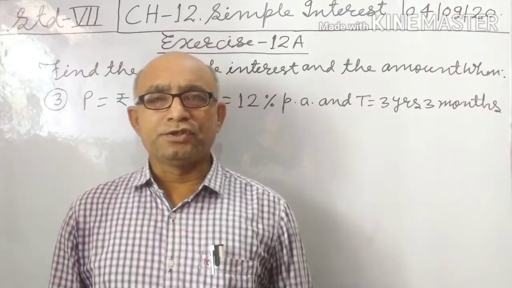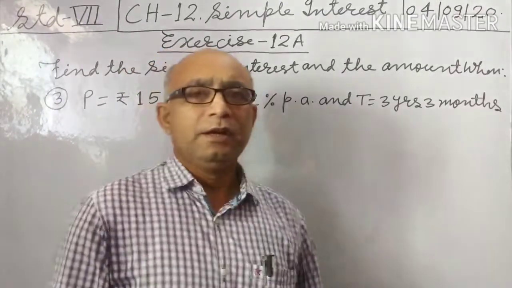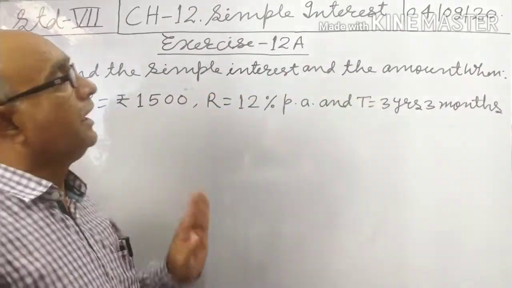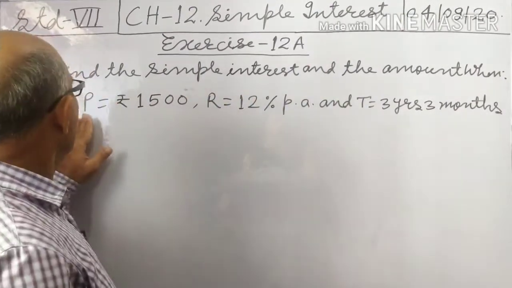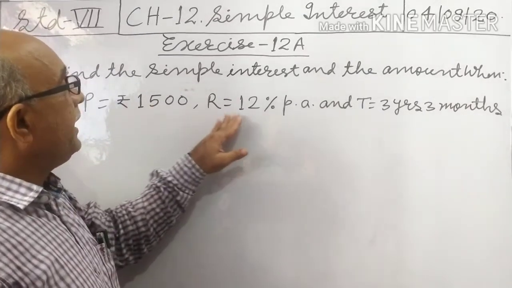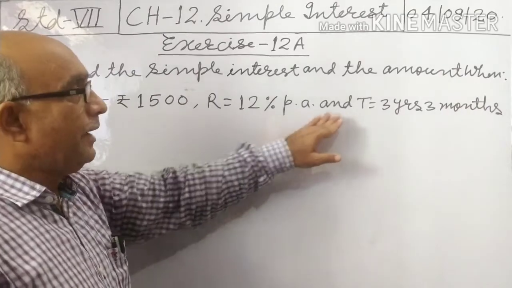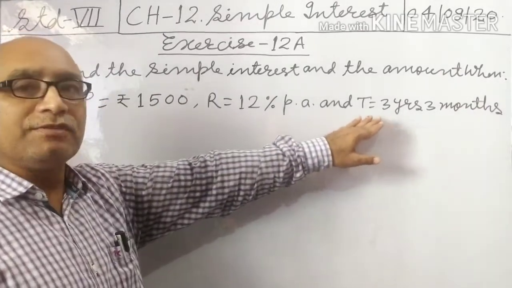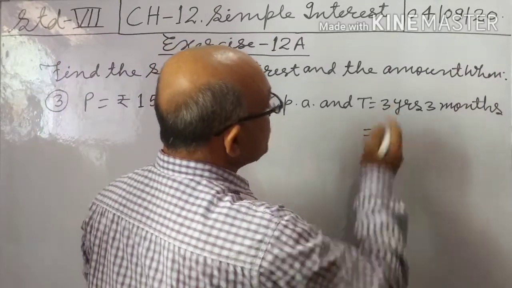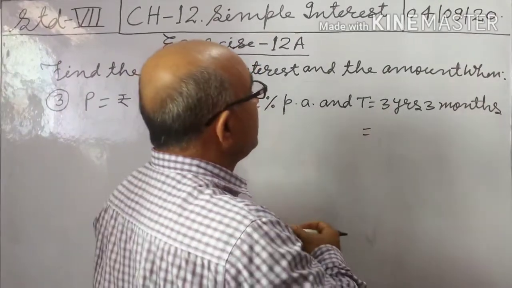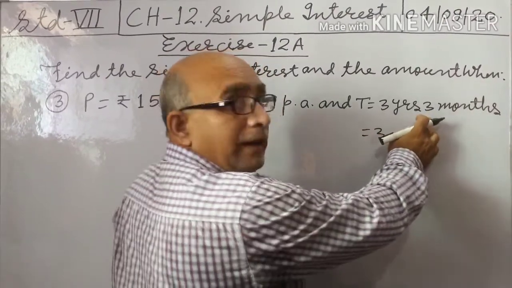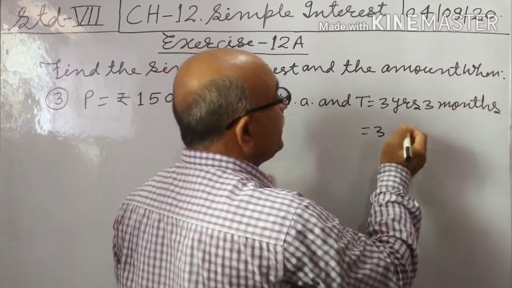Students, next question is question number 3 of exercise 12A. Find the simple interest and the amount when principal equal to rupees 1,500, rate equal to 12% per annum, and time equal to 3 years 3 months. So time change in years. 3 years 3 months means 3 months divided by 12 changes into years.